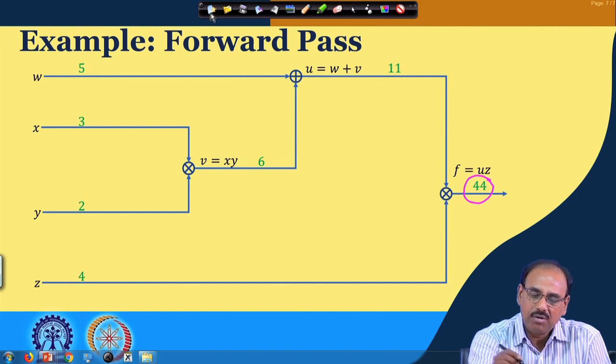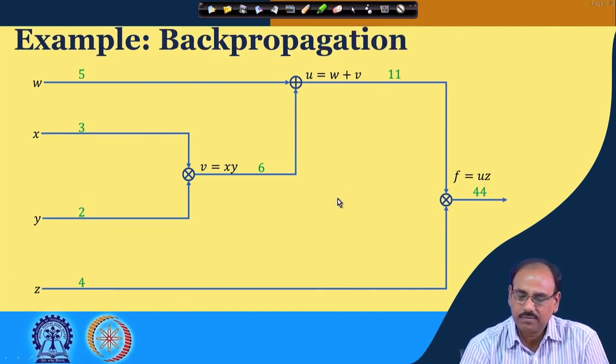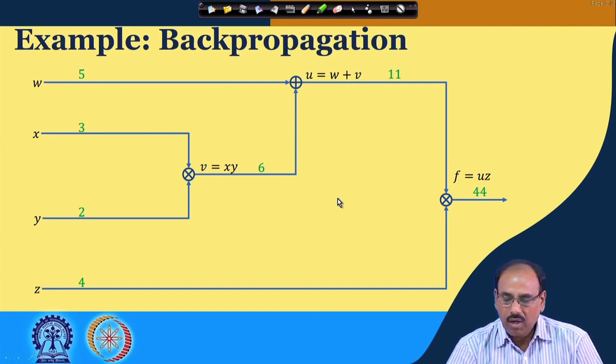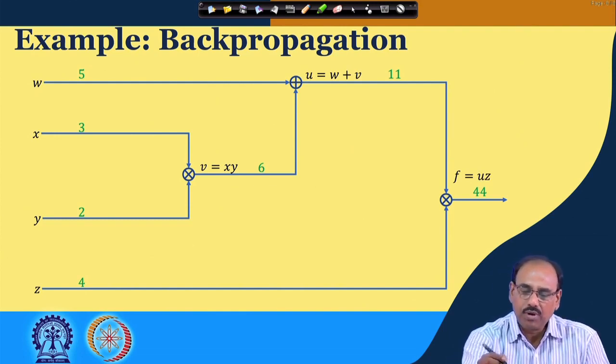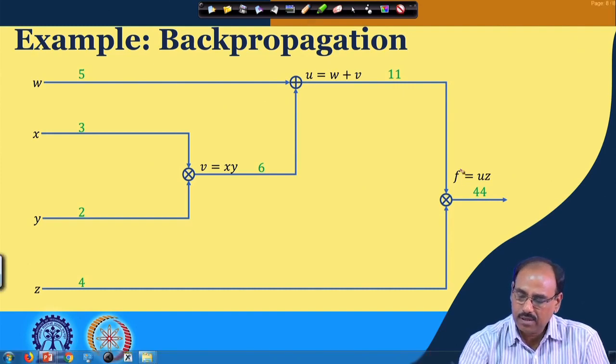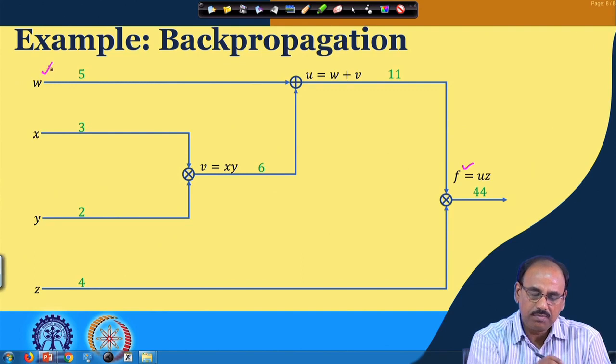Now, let us see how the backward pass will work on this. To work on backward pass, what I want to find out is what is the sensitivity of output f on w.